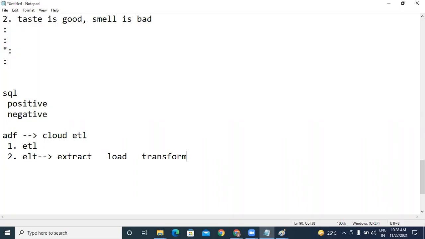Now the question starts. When to use what? When should I use ETL, and when should I use ELT? If it is as per our requirement, then we can go with ETL.